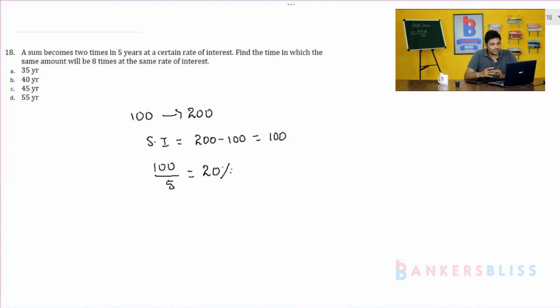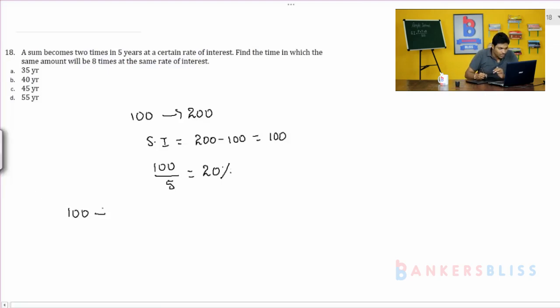So, 8 times means for 100 rupees investment you are getting 800 rupees back. 100 rupees is the principal amount and the total amount is 800 rupees. So, simple interest is 800 minus 100, which is equal to 700. Per year it is 20%.